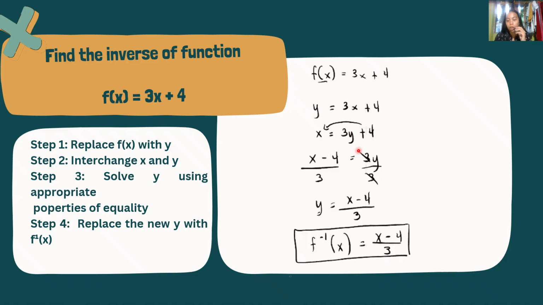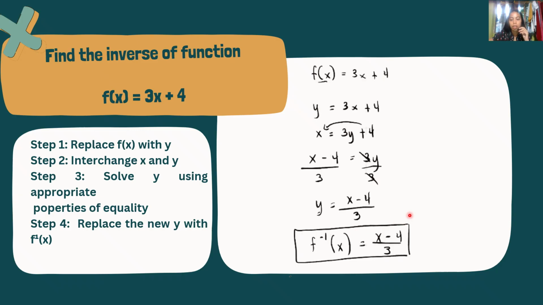So it will become x minus 4 is equal to 3y. Next we divide both sides by 3 to isolate y. So that will become y is equal to x minus 4 over 3.